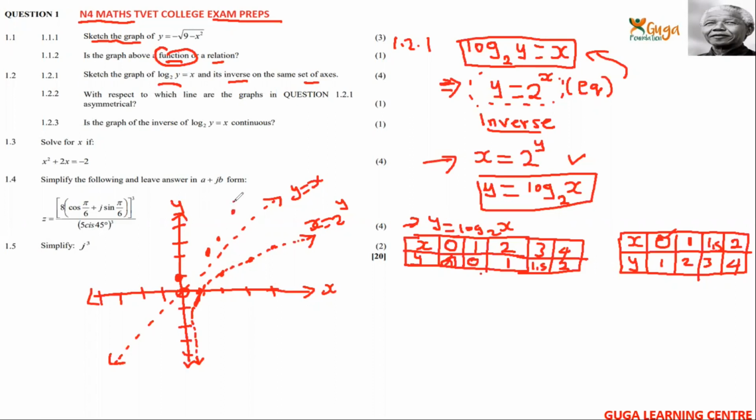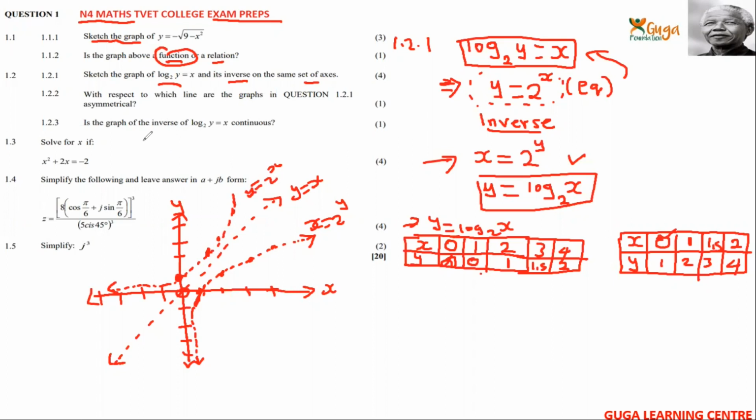It means now the graph will go like this, but it will never touch the x-axis, right? So this one we can say is y is equals to 2 to the power x, right?